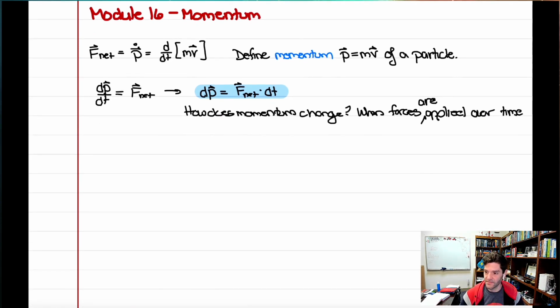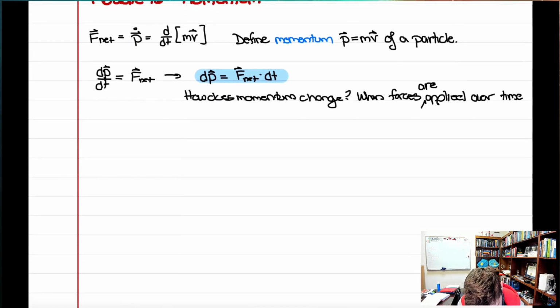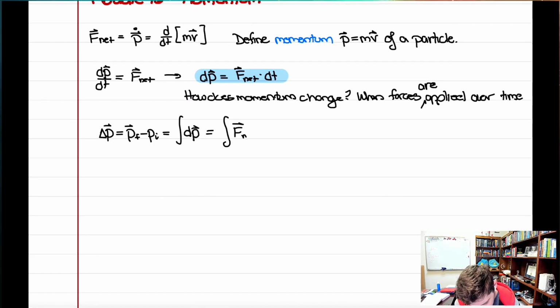So if I take that highlighted thing and I integrate it, well, then that also says that the bulk change in momentum, which is the final momentum minus the initial momentum, and that again is just the integral of dp, is then equal to an integral of force over time, from some initial time to some final time.